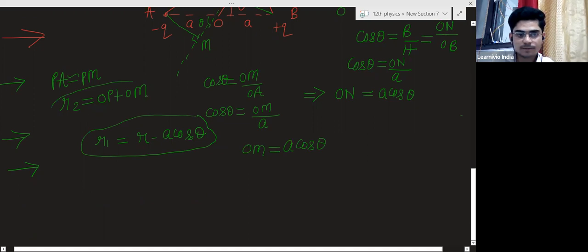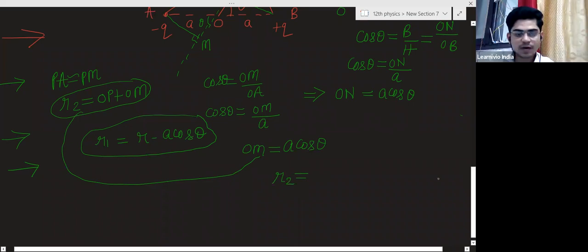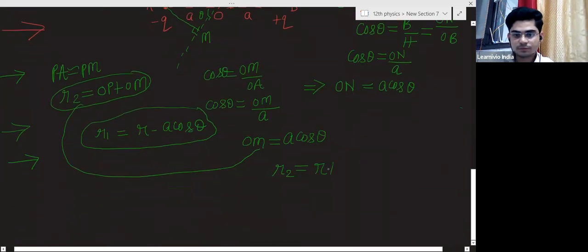What will we get? R2 is equal to OP plus OM. OP is R, plus A cos theta. Very good. R2 is equal to R plus A cos theta.